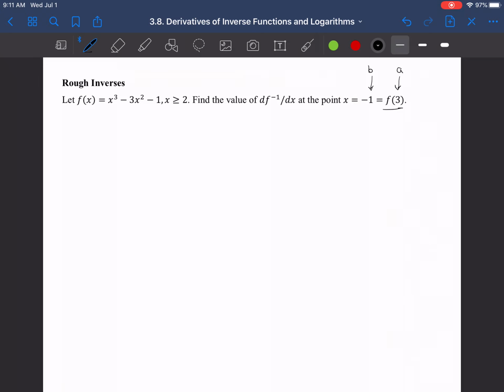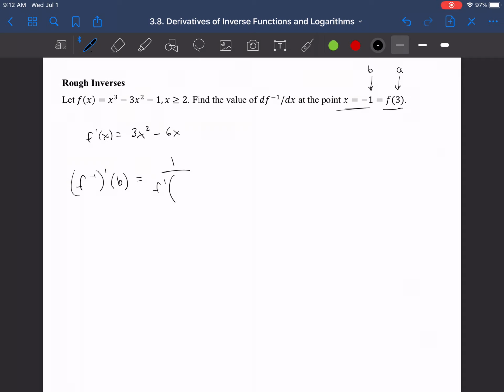So we can do this without even finding the inverse of the actual function. All we need to do is find the derivative of the function. f prime of x is 3x squared minus 6x, and then the derivative of negative 1 is just 0. And then what we can do is do this. We want to find the inverse derivative at x equals negative 1. Well, according to the theorem, f inverse prime of b equals 1 over f prime of the inverse value.